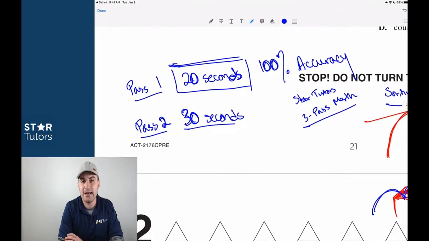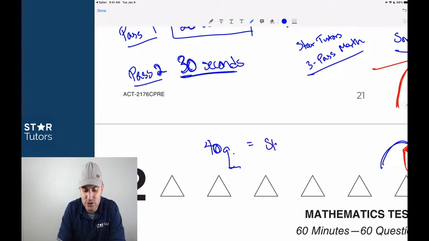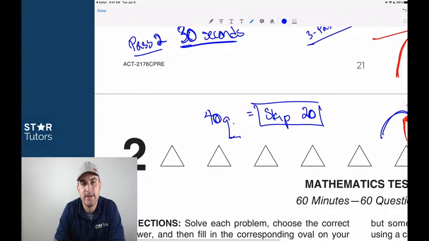And the beauty of doing this is that if you get 40 questions right on the math test, you find the 40 questions, which means you skip 20. You want to think about this as, how do I skip those 20 difficult questions? That is always going to be equivalent to at least a 28 on the exam.